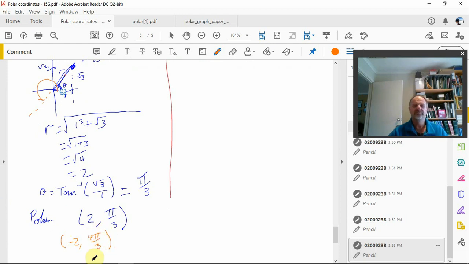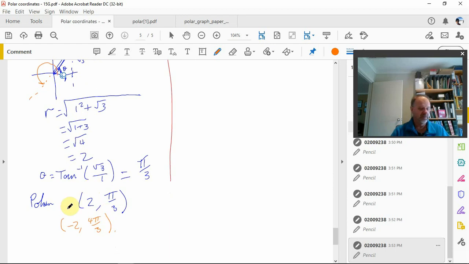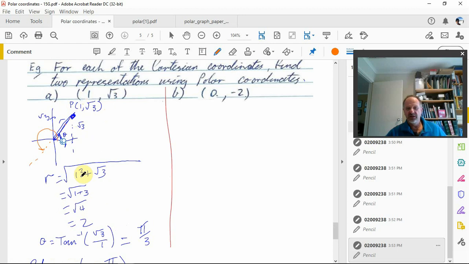And the relationship between these two is that for the angle, we've just added pi, and the radius goes from being positive to negative. So two different representations of this Cartesian point in polar form.